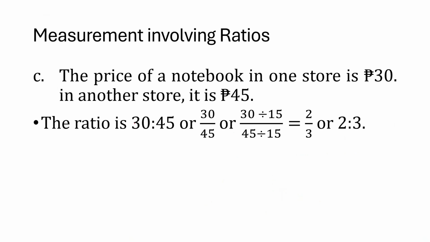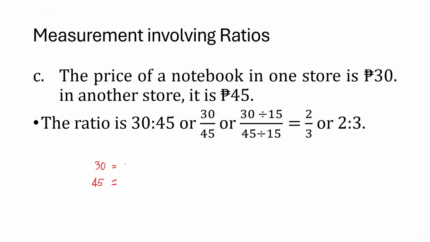So again, since 30 and 45 can be reduced in lowest terms, we need to find its GCF, or greatest common factor. So to do that, we will write the numbers. 30, which is the numerator, then 45, which is the denominator.